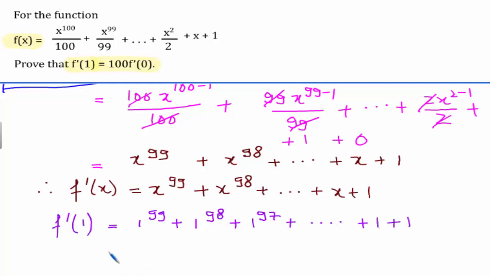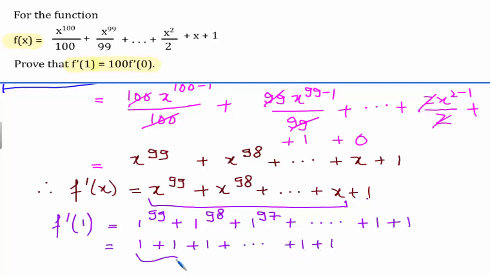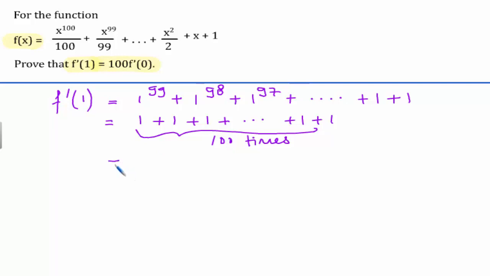Now up to x, these are 99 terms and this is one more term. Therefore, in all we have 1 plus 1 plus 1 plus 1 so on up to the last one, 100 times. So this is equal to 100.